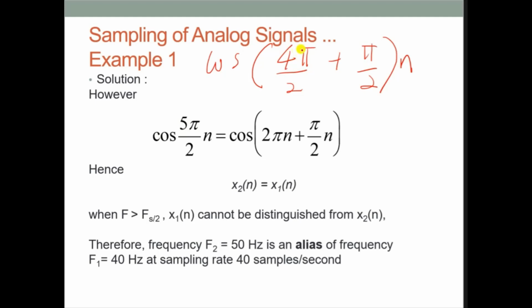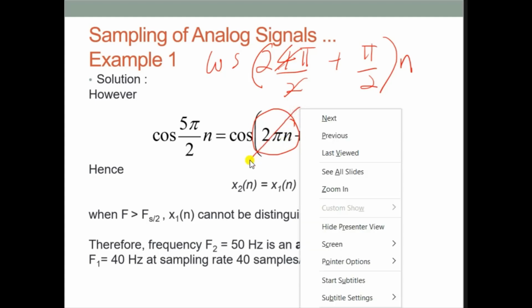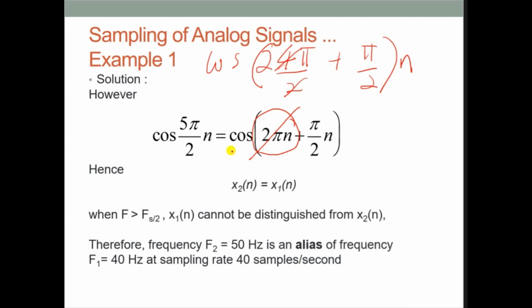The 4 pi over 2 becomes 2, so you have 2 pi n plus pi over 2 n. This is one complete cycle, so you can neglect that. So this is cos pi over 2 n, which is similar to x1(n).